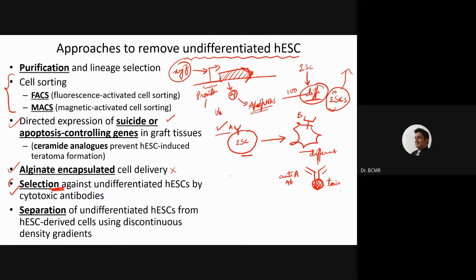So if you add this antibody to a mixture of cells containing embryonic stem cells and differentiated cells, it will bind only to the embryonic stem cells, because we have chosen a receptor that is present in embryonic stem cells but not in the differentiated cells.